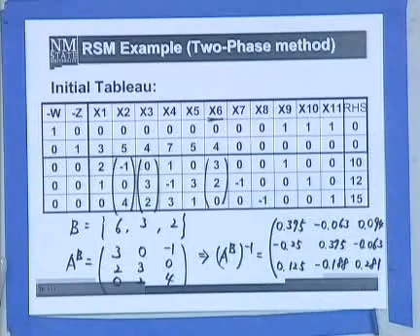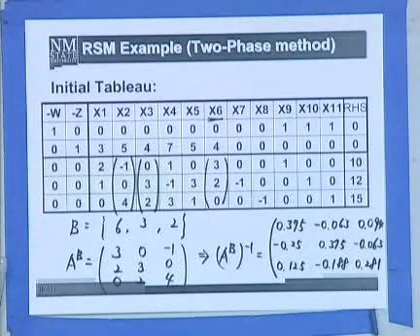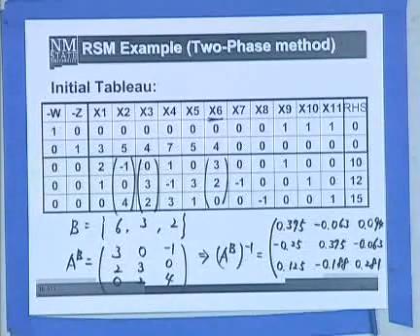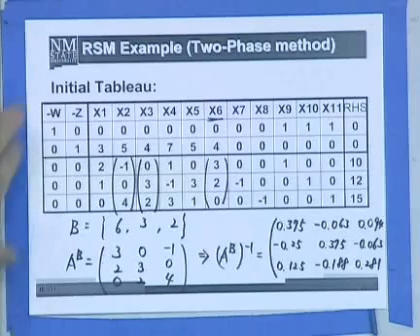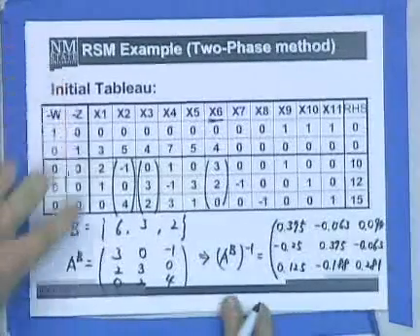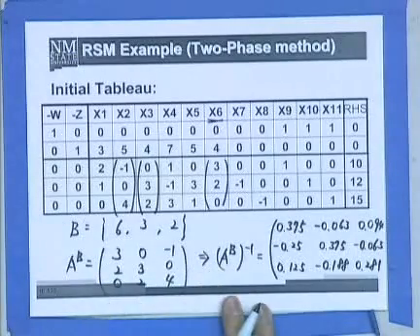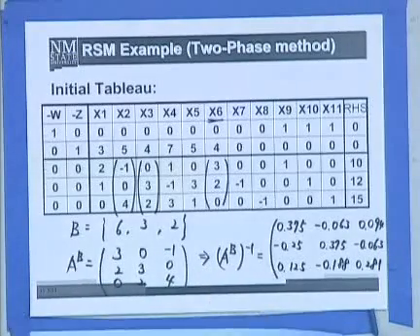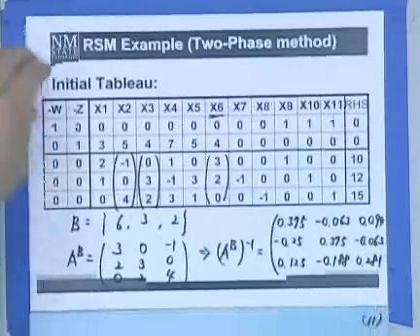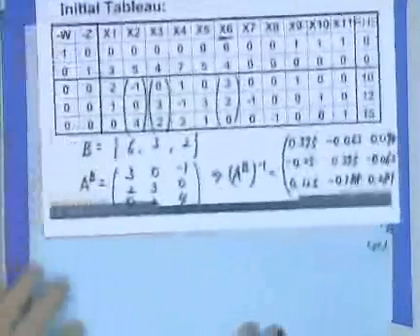Okay? Now, again, because we have the initial table, the new basis set, and the new basis inverse matrix, we are able to begin the second iteration of phase 2. Okay?